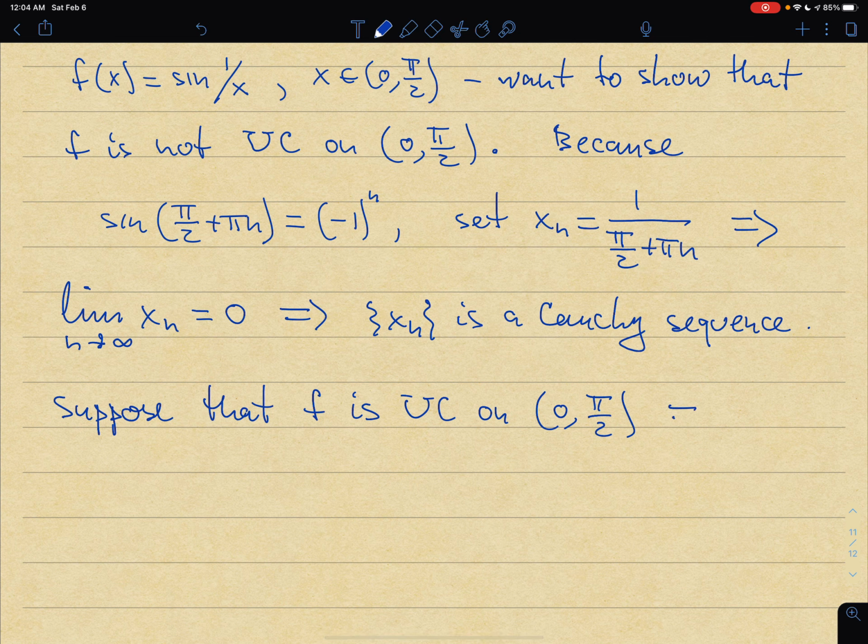Okay, so then by the theorem that we proved last, f of xn is Cauchy, and therefore the sequence f of xn converges to a real number.